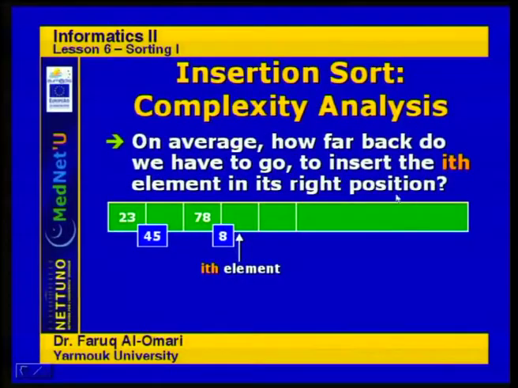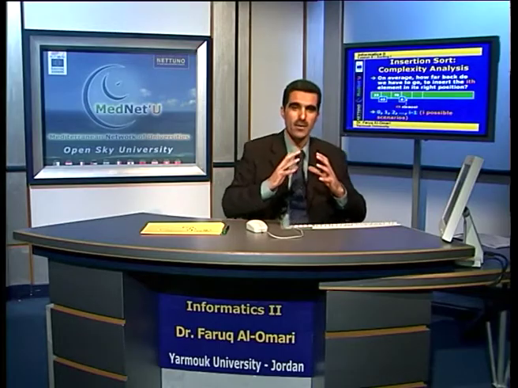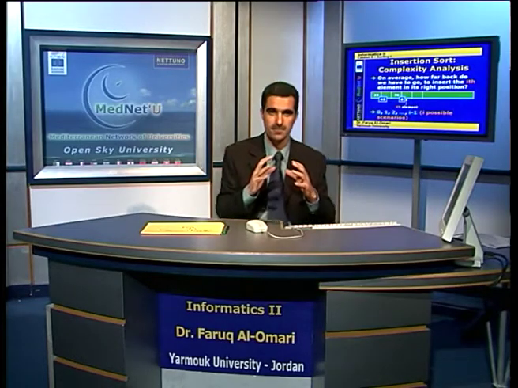Here's my list, okay? And I'm talking about the ith element in here, and I want to move it backward to the proper place in the sorted sublist. So on average, how far should we go back to insert the ith element in the right position? Well, that depends. Depends how big or small the element in hand is.